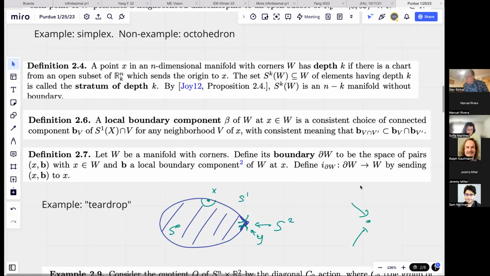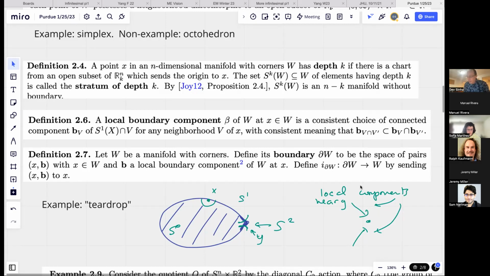So these are the two local components near Y. And then the boundary is actually going to take not only points in S1, but also the data of local boundary components. And of course, in the interior, there's no boundary in a sufficiently small neighborhood.